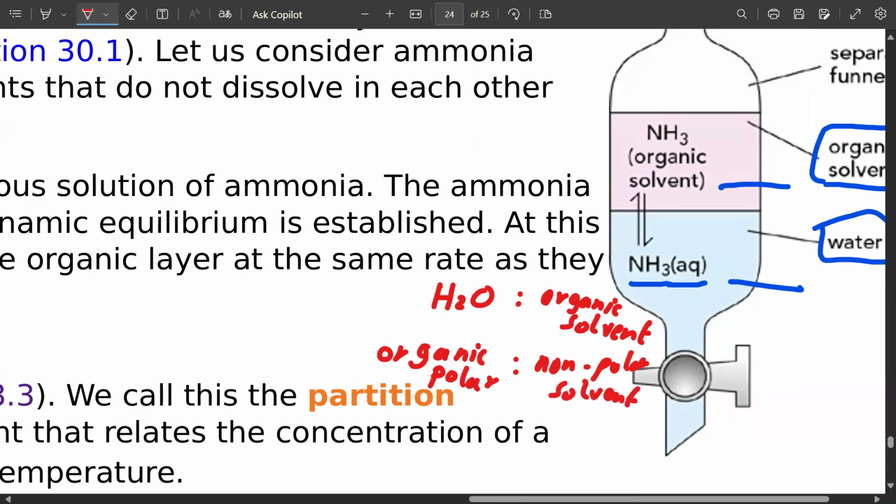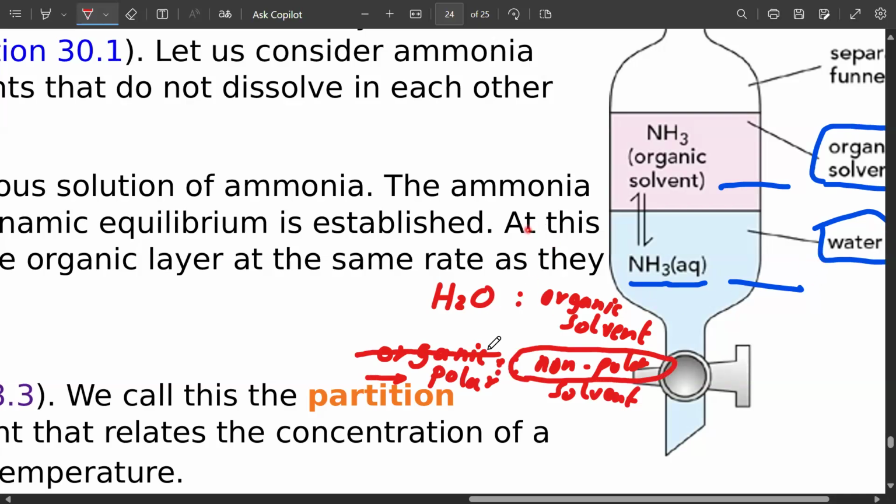So this is the combination. Either you will have water versus organic solvent, or you will have a polar solvent, maybe not organic, it's just polar. That means it could not be an organic compound, it could not be water, but that will definitely be a polar solvent. And opposite to that, you will always have a non-polar solvent. Is this clear to you?